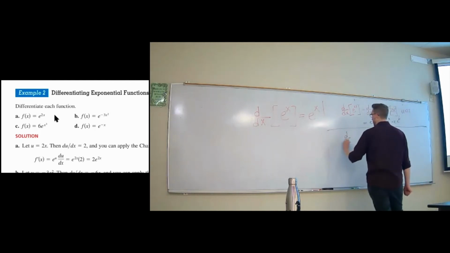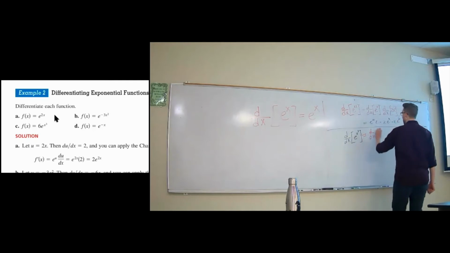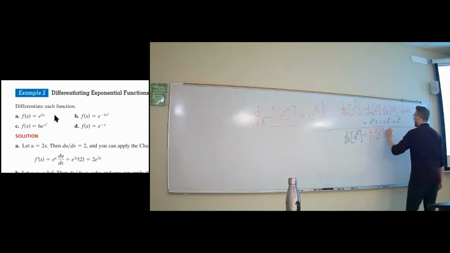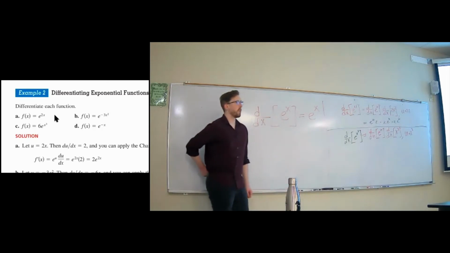That d dx of e to the x cubed is going to be equal to d du of e to the u times d dx of x cubed, where u is equal to x cubed. Everybody agree?